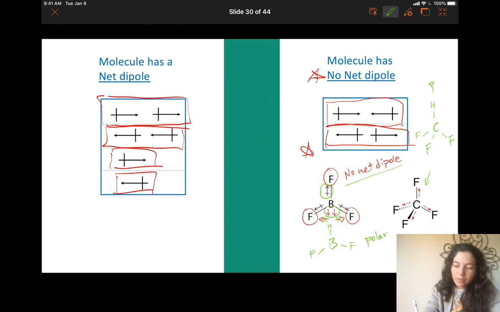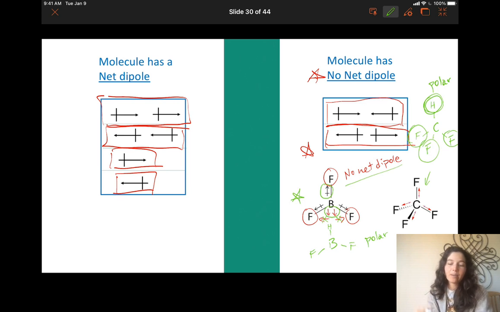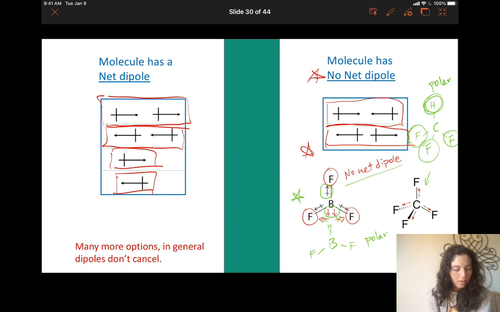It is polar. It's going to have a dipole because this pulls differently than all of these, and they won't cancel each other out. So do be aware of these. Make sure you can recognize them because that might be something that comes up that might be a little bit hard to recognize. Okay, there are a lot more options in general for molecular shapes that are polar and nonpolar.